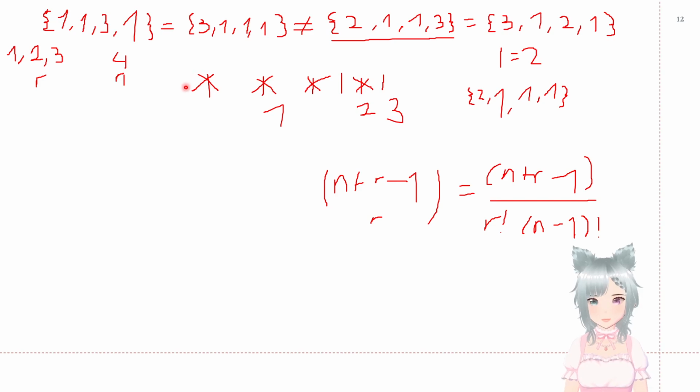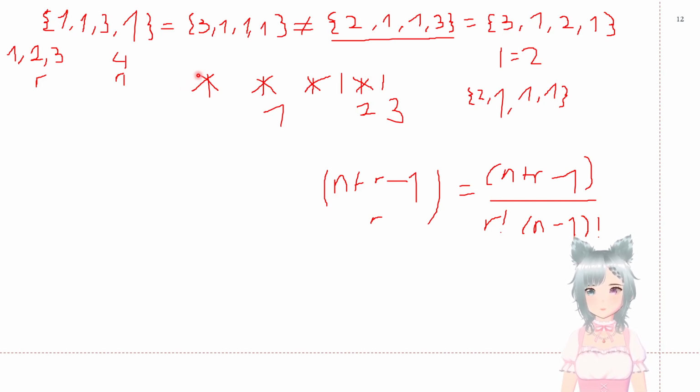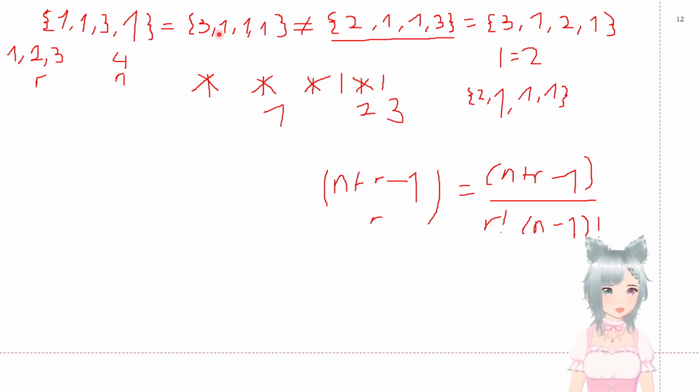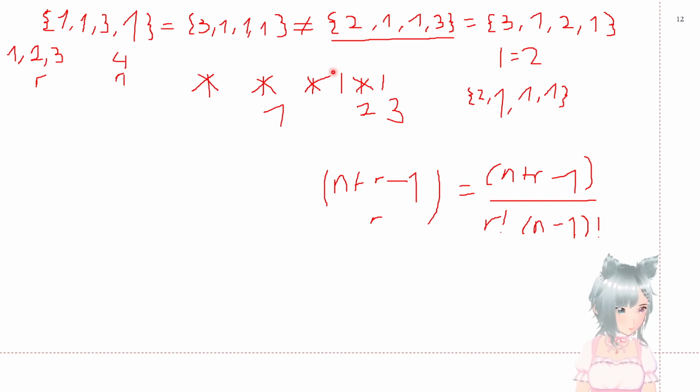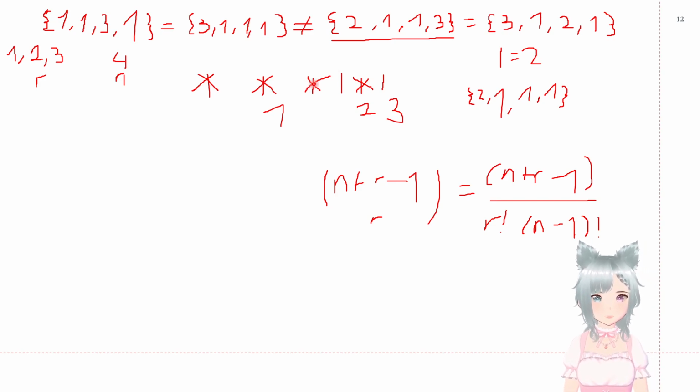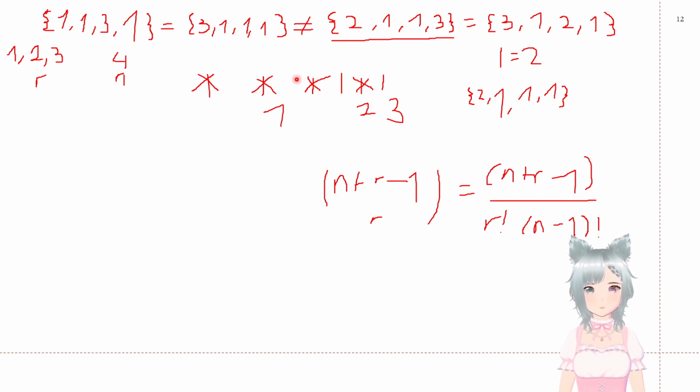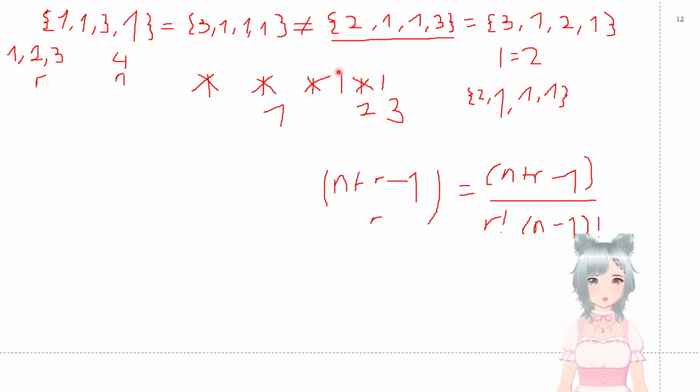So you know that by putting in n stars and r minus 1 lines, you can represent any set that you can write down with the same parameters by dividing the stars into 3 different groups by putting in the 2 lines.